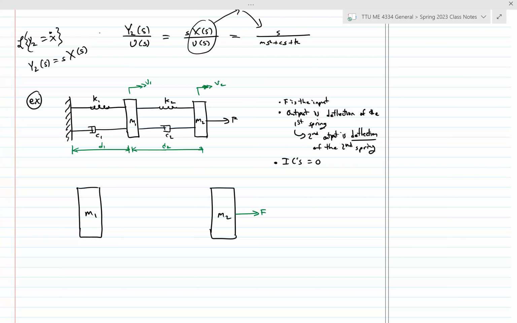Is D2 relative from that one mass, or is it relative to something else? D2 is the deflection of the spring. The spring has a normal length, right? And when it's at that length L, it doesn't have any potential energy. But if I were to take that spring and pull it one way, its deflection would increase. If I were to take it this way, its deflection would also increase, right?